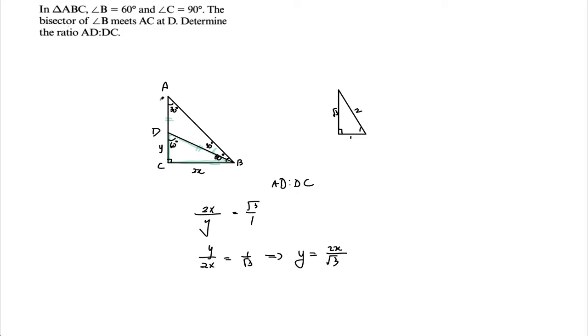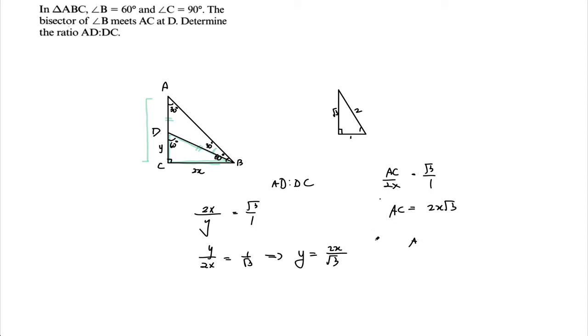And also this full length here, AC, so AC over 2x is also root 3 over 1. So AC is 2x root 3.